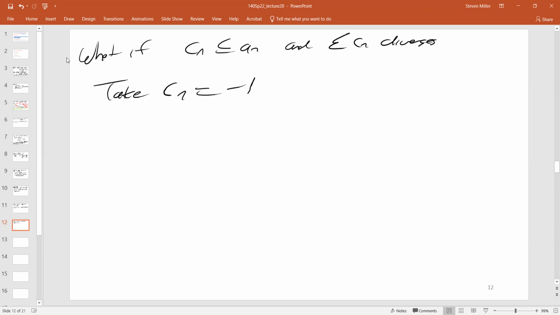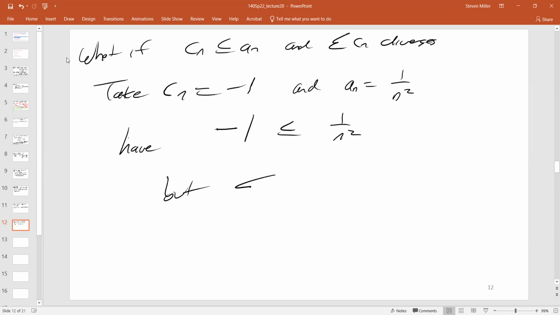And then what should we take An to be? We want something that converges and is always greater than or equal to -1. 1 over n squared. So we have, -1 is less than or equal to 1 over n squared, but the sum of 1 over n squared converges.